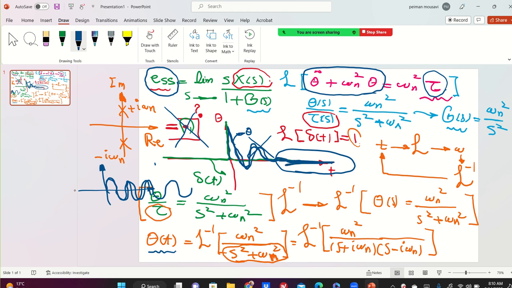So this is not valid for this system because your system is not even stable. Your system is marginally stable, oscillating forever. That's my point. Do you see what I'm saying? Yes, guys? Good. So now let's go to the next page.